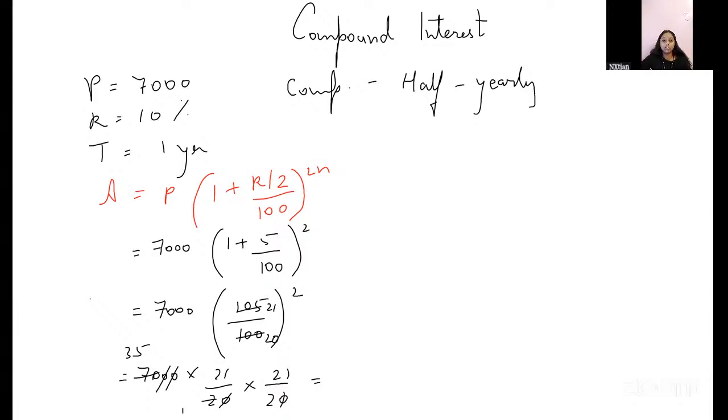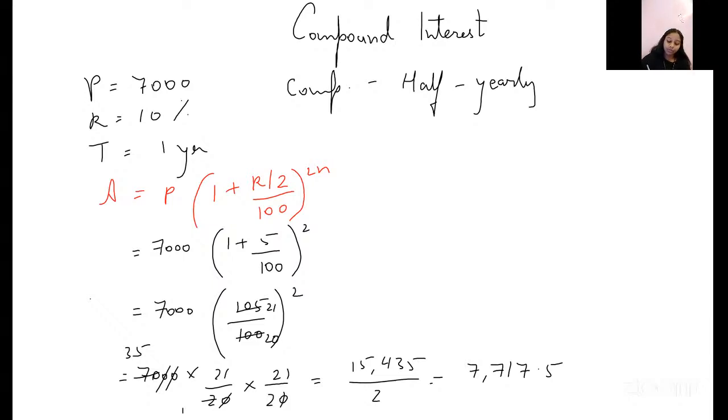Solve this and try to find the amount. We get 7,717.5 after dividing 15,435 by 2.